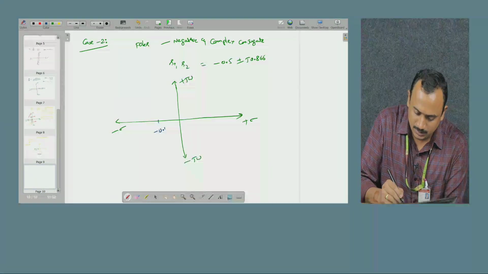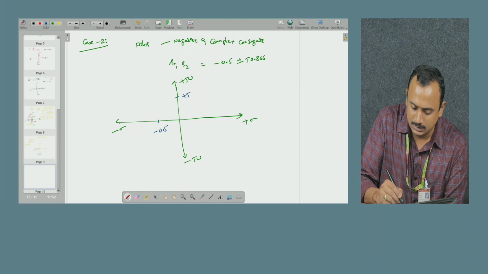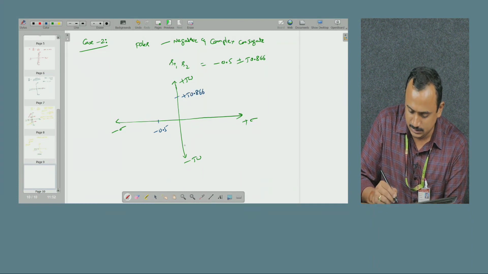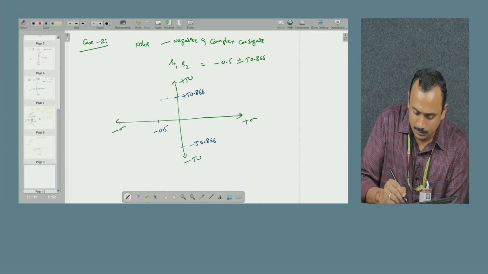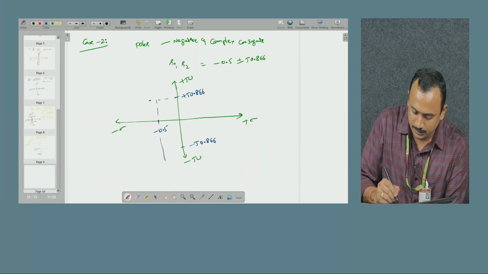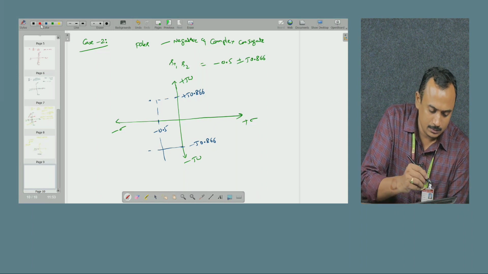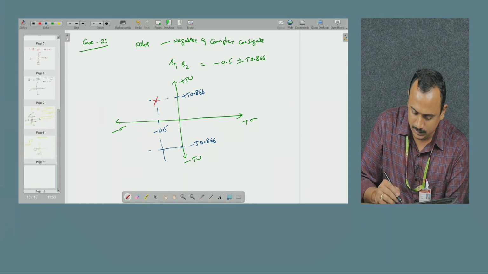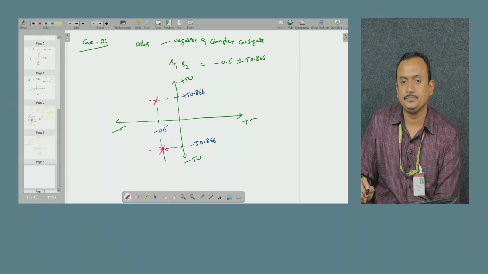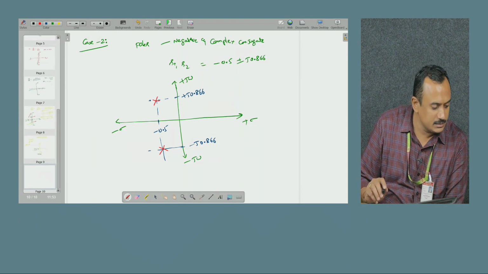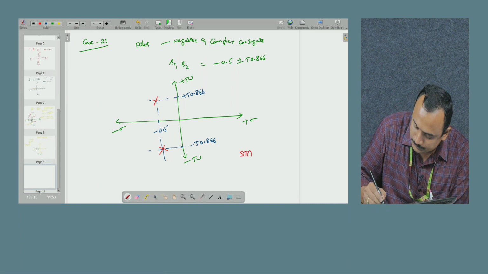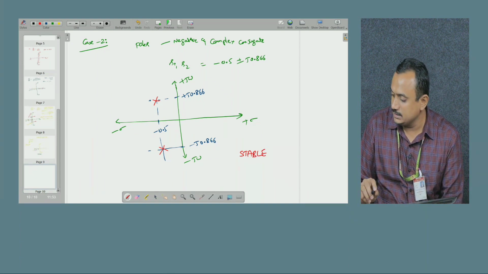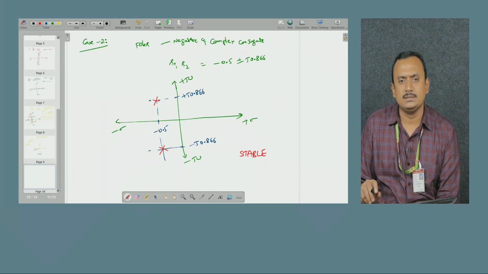This is minus 0.5, this is plus j 0.866, this is minus j 0.866. Now if I extend this, we can say this is one pole and this is another pole. Now in this case we can say the system is stable. So in this case also we can say the system is stable.